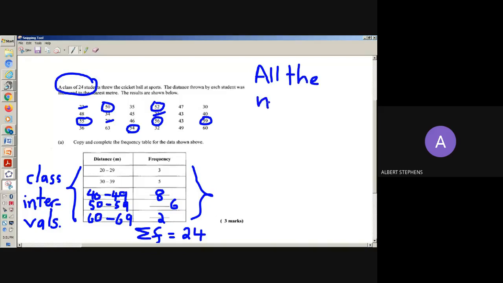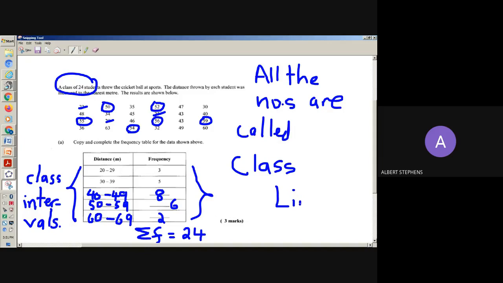All the numbers are called class limits. So all these numbers here, the 20, 29, 30, 39, they're called class limits.